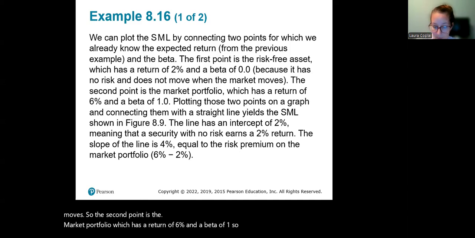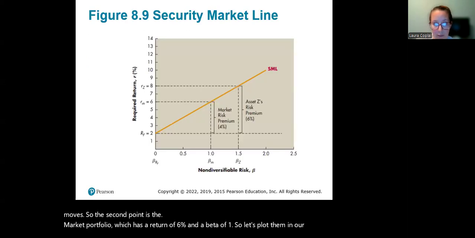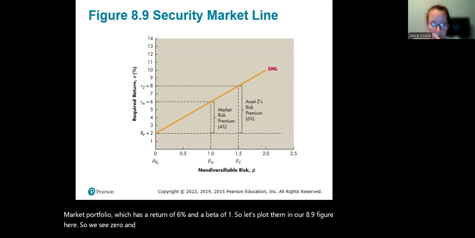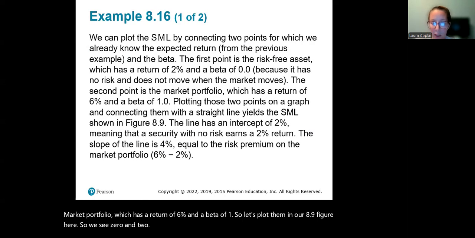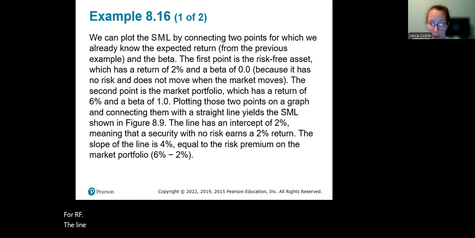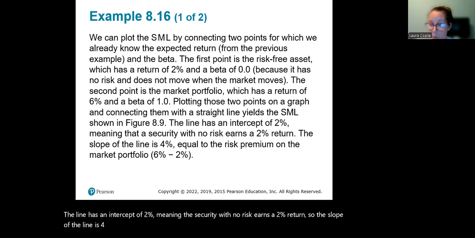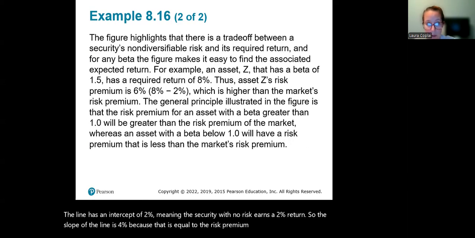So let's plot them in our 8.9 figure here. So we see 0 and 2 for RF. The line has an intercept of 2%, meaning the security with no risk earns a 2% return. So the slope of the line is 4% because that is equal to the risk premium, which was 6 minus 2%.